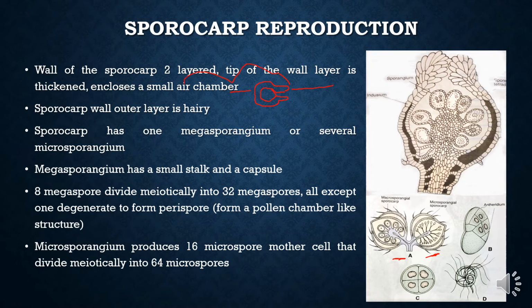This is not the entire structure, this is the structure. This is the gametophyte, the female gametophyte. This is the archegonium, and this one is the egg cell.